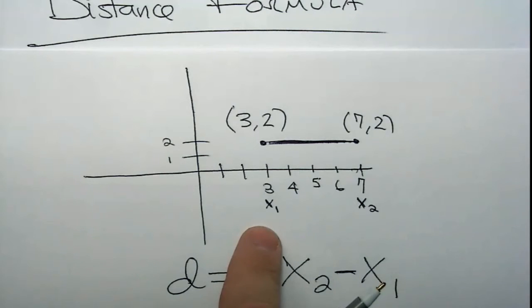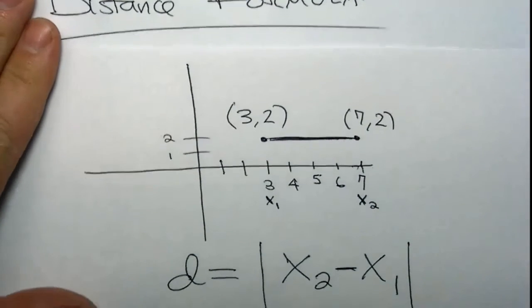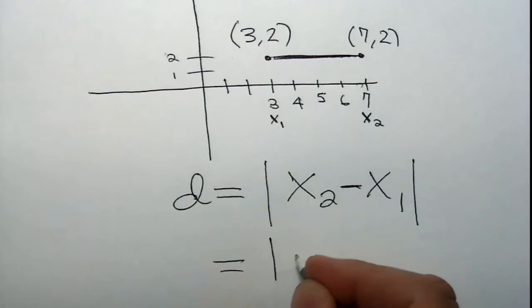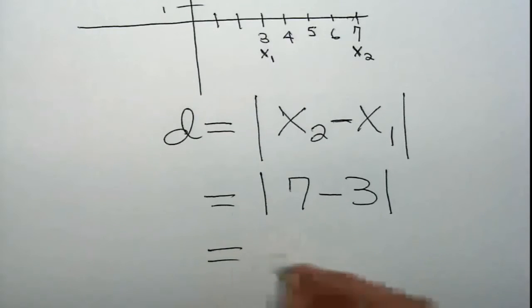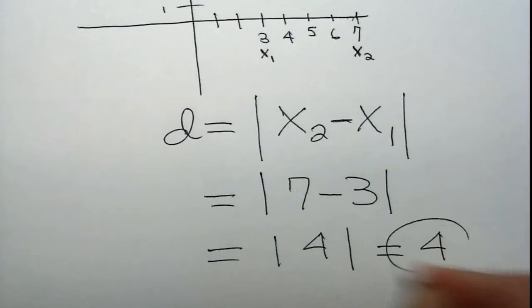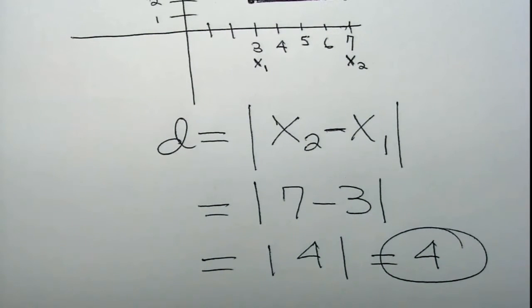Maybe x2 is here labeled, and this is x1. So to ensure that you get a nice positive measurement, we protect that with an absolute value symbol, and now we know we're going to get a positive answer no matter which order we do this in. So the distance between these 2 points is the absolute value of 4, which is simply 4. And it wouldn't really matter what order you did that in. You'll get 4 both ways.